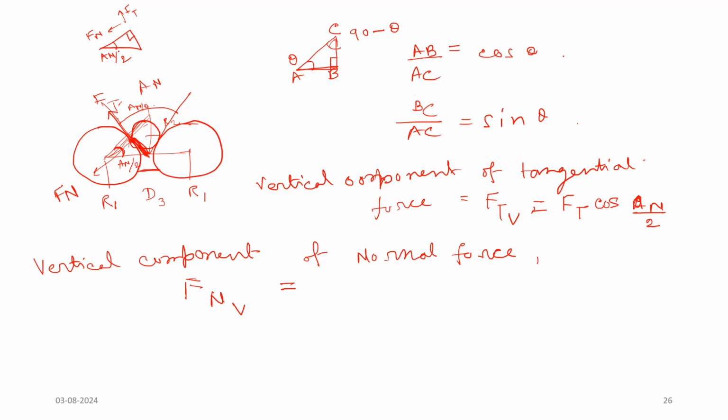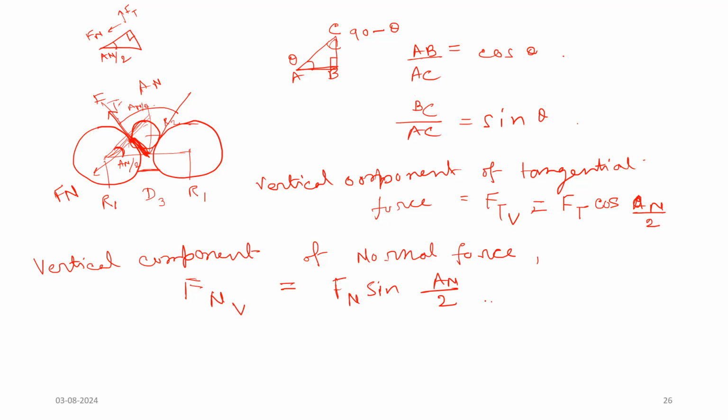That is why I am taking Ft cos n by 2. And in case of normal force, the perpendicular one is the vertical component of the normal force, and it is similar to BC. So we are getting Fn sin theta. So what is the expression of normal force? It is Fn sin n by 2. You got it?